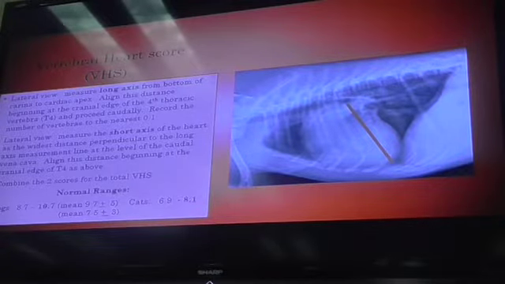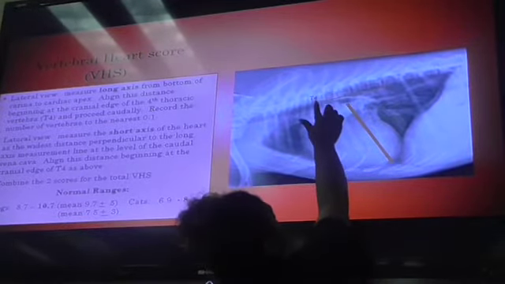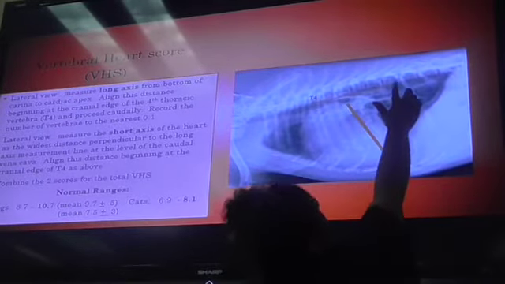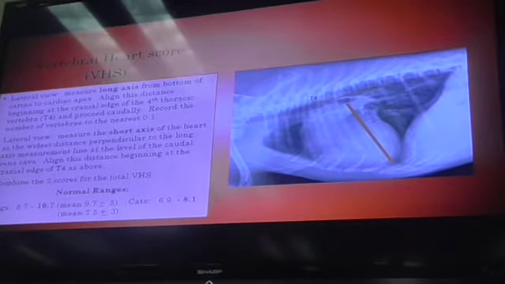Then you're going to take that axis, find T4, and count the vertebral bodies from T4 caudally. So with this one, starting at the cranial margins of T4, I got 1, 2, 3, 4, 5, maybe 5.5. That's going to be my long axis.